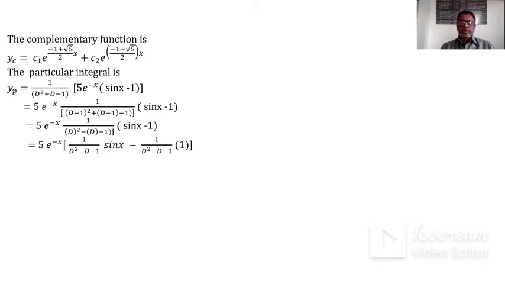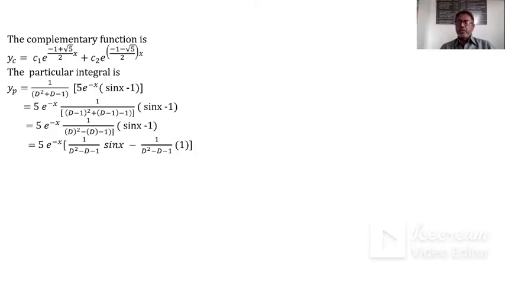Now to operate this, you may separate this. We operate first 1 upon D square minus D minus 1 on sin x and minus 1 upon D square minus D minus 1 operate on 1. Now for the first term a is 1, we substitute D square by minus a square, means we substitute D square by minus 1.